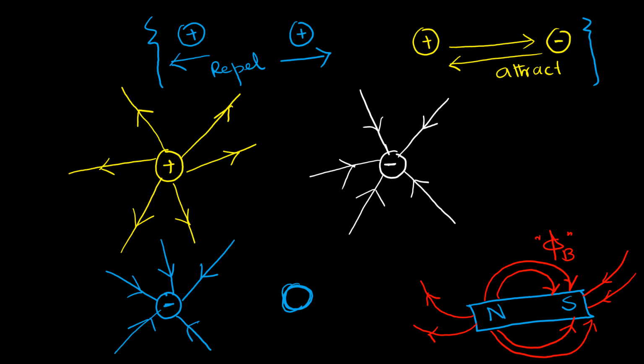If you see the direction of both electric field lines, it is inward, which means that there will be a repulsion between these electric field lines, and repulsion will result in separation of these charged particles away with a specific force.